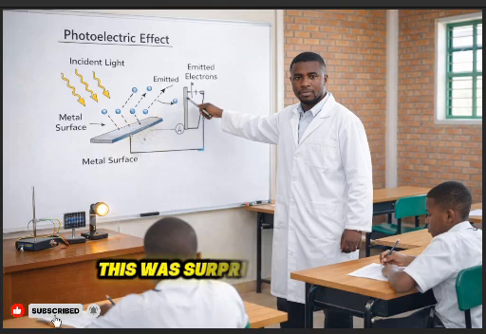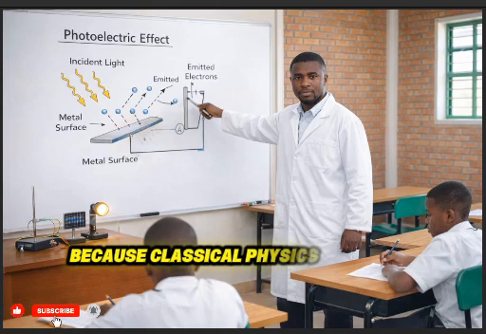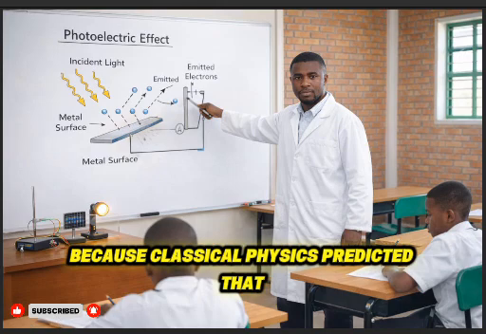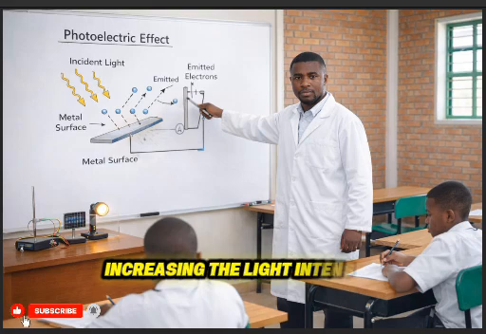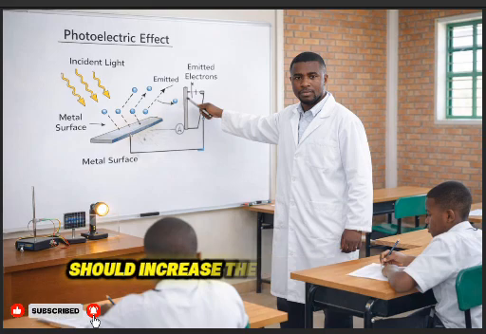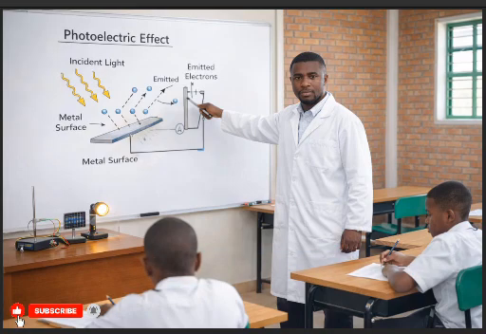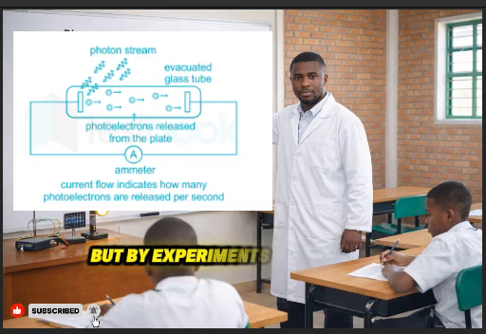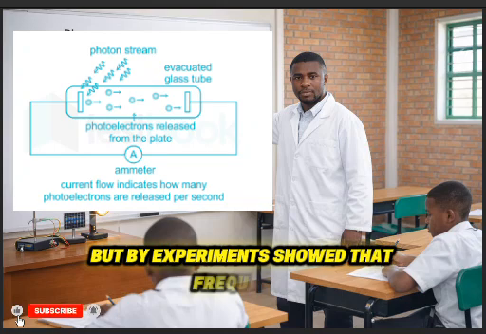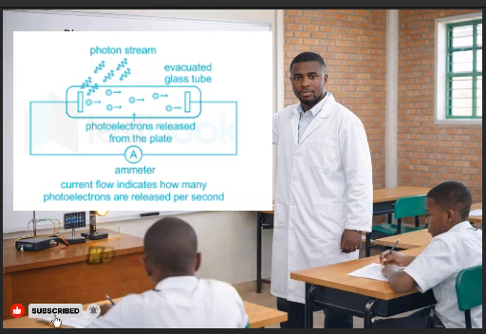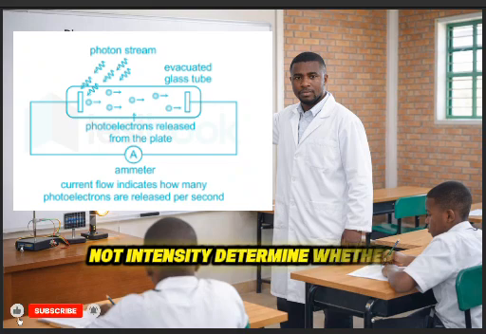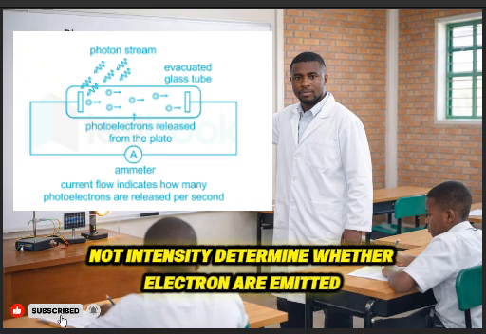This was a surprising result because classical physics predicted that increasing the light intensity should increase the energy transfer. But experiments showed that frequency, not intensity, determines whether electrons are emitted.